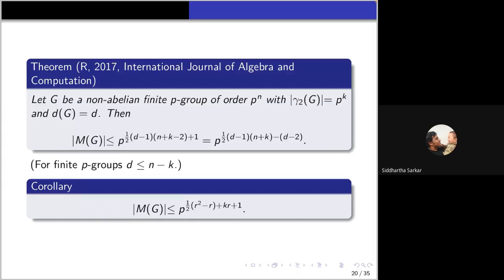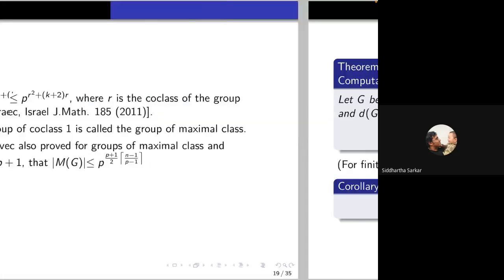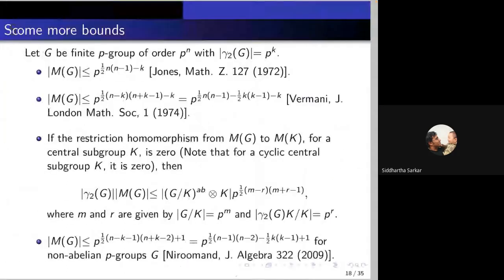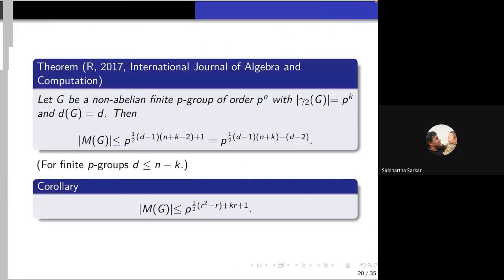One can see that this is a refinement, because in the earlier bound of Niroomand, this term is p to the power half (n minus k) minus 1. So this n minus k can be replaced by d, and for a finite p-group, this d is always less than or equal to n minus k. In that sense this bound is a refinement.